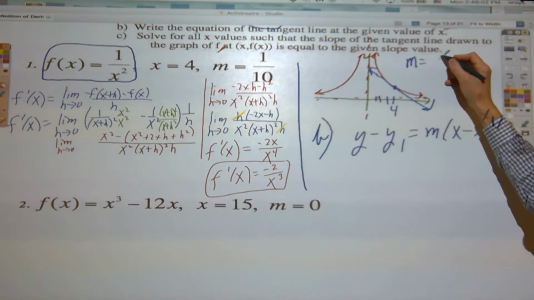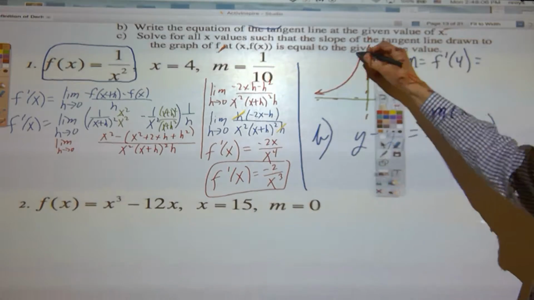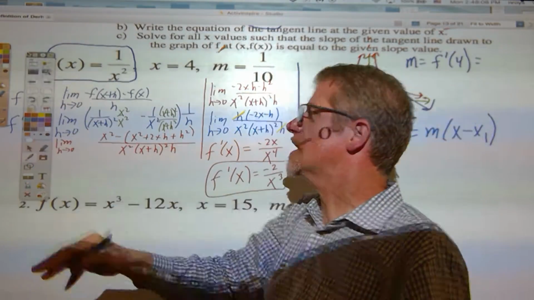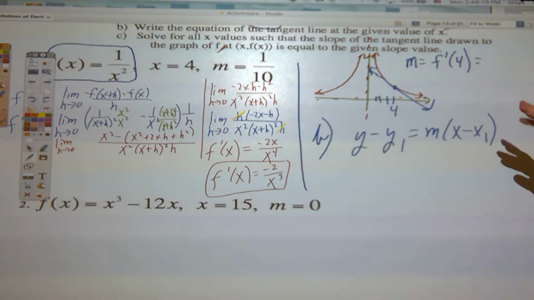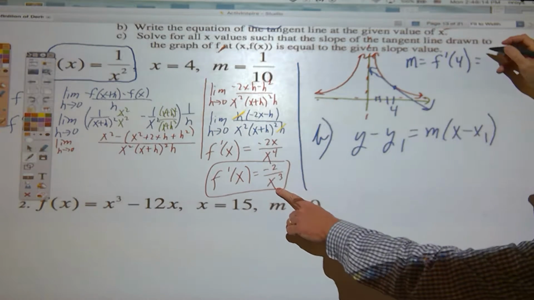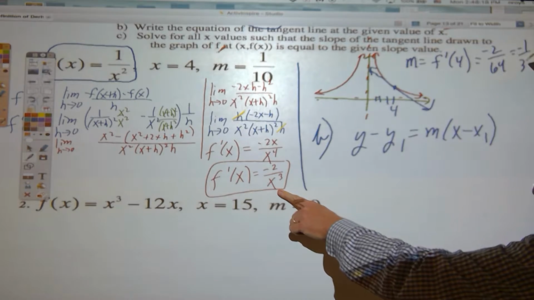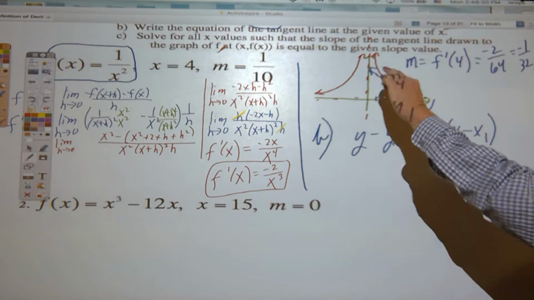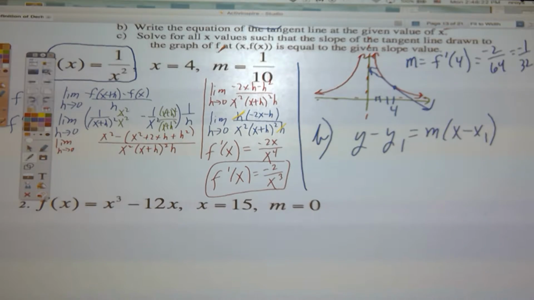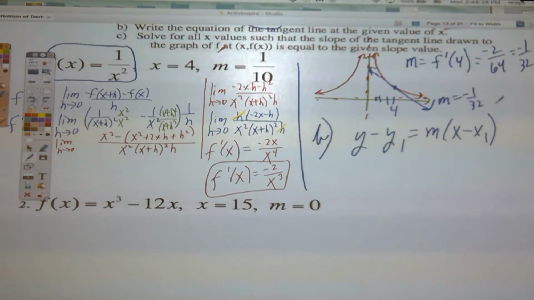The slope of the blue line is going to be f prime of 4. Why? Because that's what derivatives do. They take x's and they produce as an output the slope of the tangent line. And using our answer from part A, negative 2 over 64, which reduces to negative 1 over 32, you are right. It is a negative slope. Happens to be that the slope of that tangent line is negative 1 over 32.